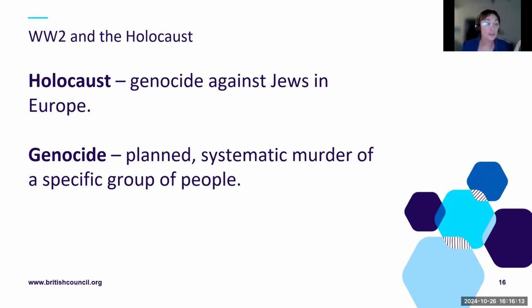Okay, now the Holocaust is a genocide against the Jews in Europe during World War II. And a genocide is a planned, systematic murder of a specific group of people. So it's not like some madman going into a shopping center and just gunning down various people. A genocide is planned, systematic. You want to get rid of one group. Next.